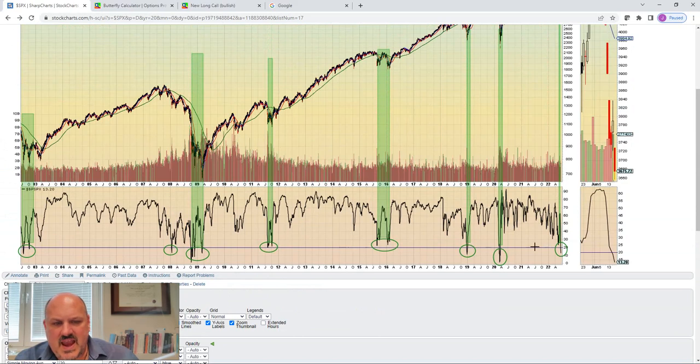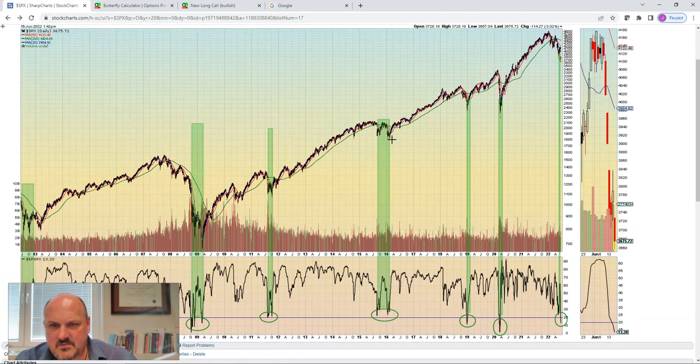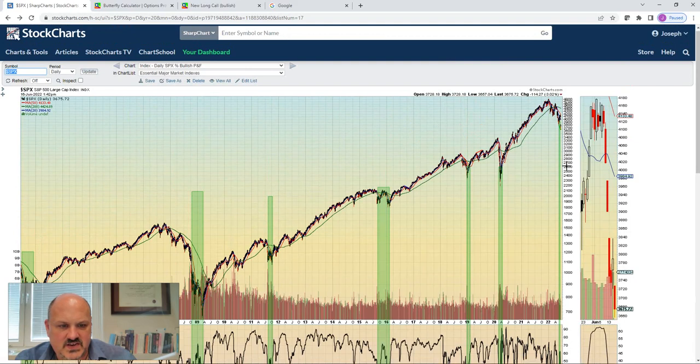Anytime the bullish percentage figure drops below this 20% mark, which I highlighted with these circles, it mostly represents a major market bottom and a buying opportunity, right? You can see it here, here, here, here, here, and this is where we are now. We just got down to this level.